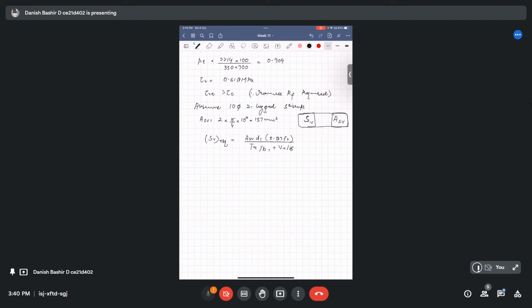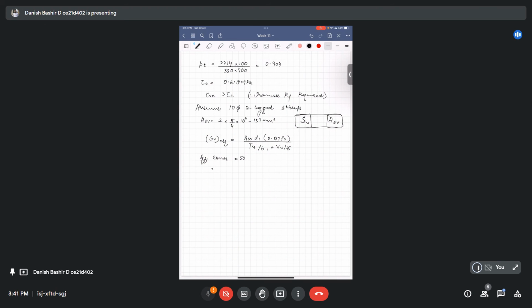Since we have an effective cover, which we assumed as 50 mm, and in the last lecture I told you in detail what D1 and B1 are. These are the distance between the centroids of the extreme longitudinal reinforcement, the extreme longitudinal bars that we have provided. That is D1 in the depth direction, and B1 in the breadth direction. So it will be easily calculated.